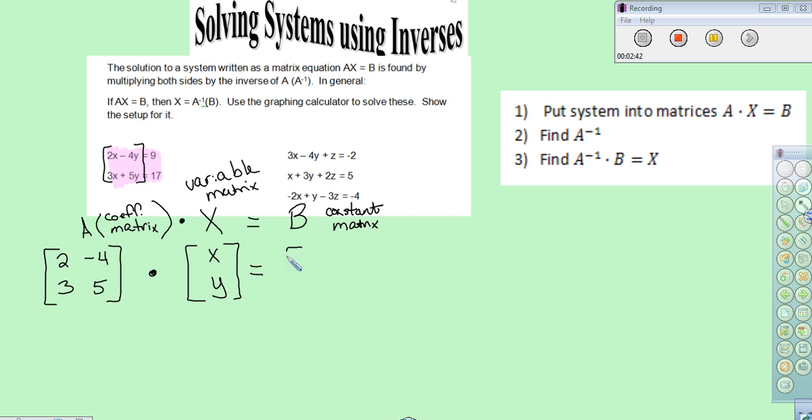It kind of depends on who wrote the book, or who the mathematician is that you're talking with. That's made up of 9 and 17. Those are your constants, the numbers that don't change.